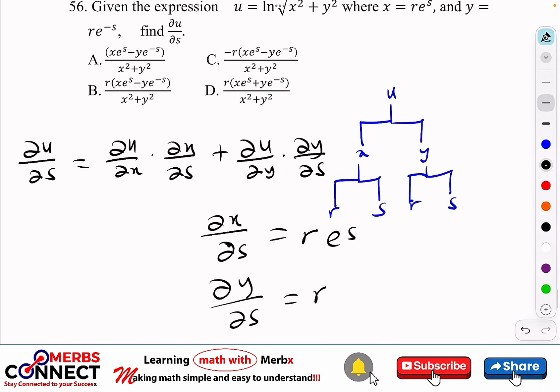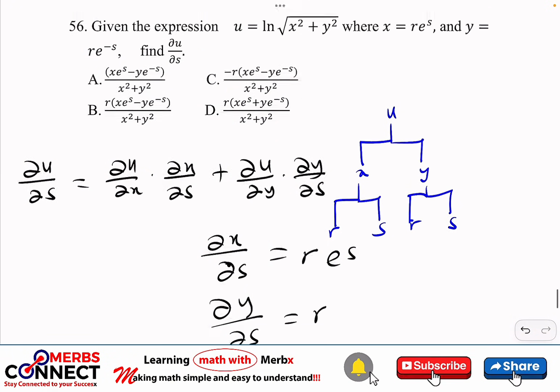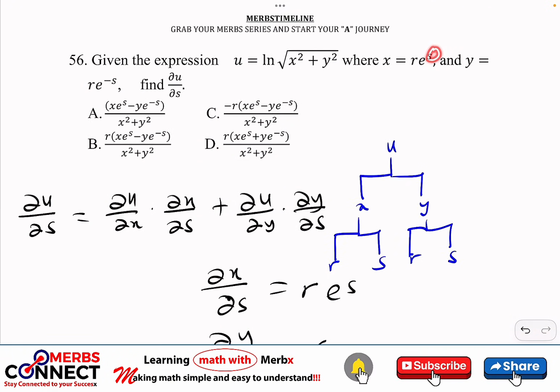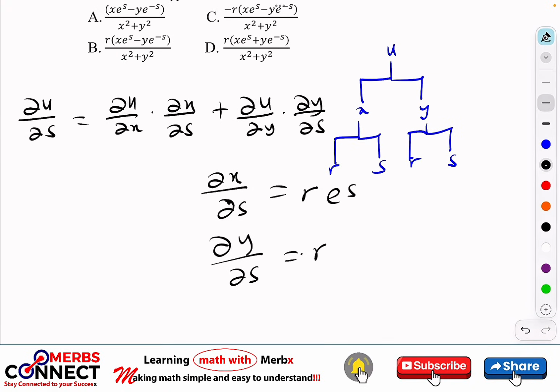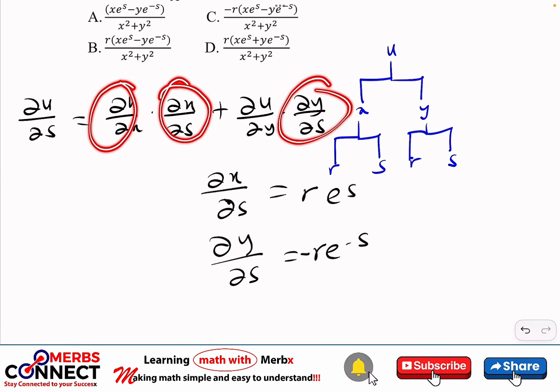Now, this is the same thing here, but when I differentiate this, it's not going to be the same thing again because now, remember, this one was the same thing because I was differentiating the s, and I'm getting 1. 1 times the whole function is just the same thing. But when I differentiate this, I'm going to get minus 1 times s, and this is going to give us minus e to the power minus s. So we have gotten this guy and this guy. We need this guy and this guy.